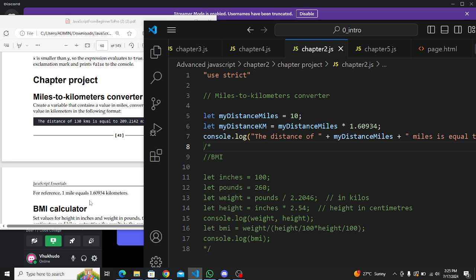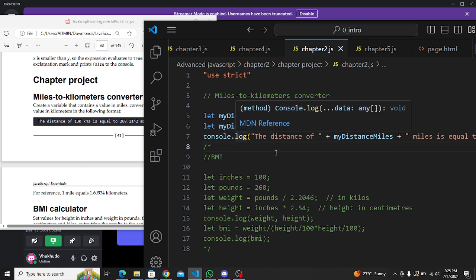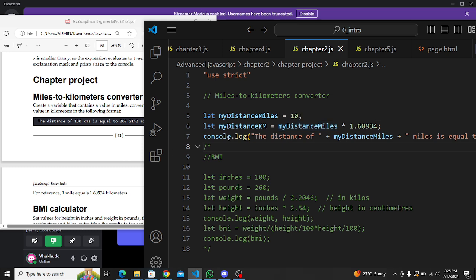They said 1 mile is equal to 1.60934 kilometers. So we're just gonna say my distance in kilometers, because that's what we want, equals my distance in miles that we already have, multiplied by the reference that we have.